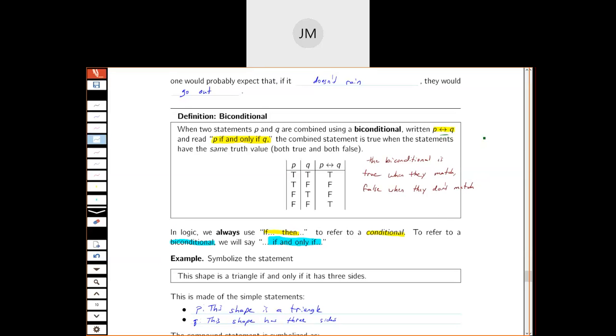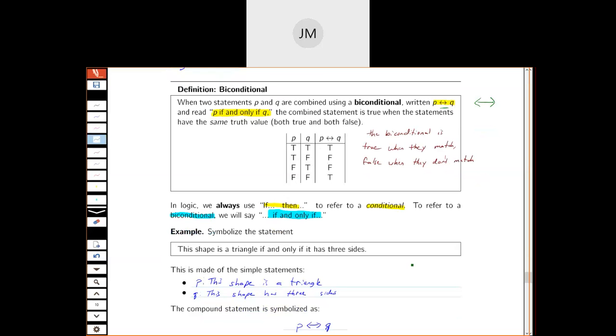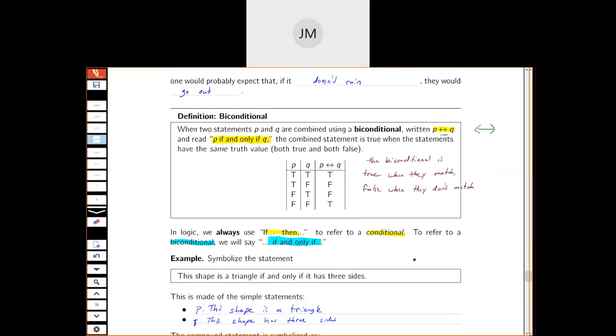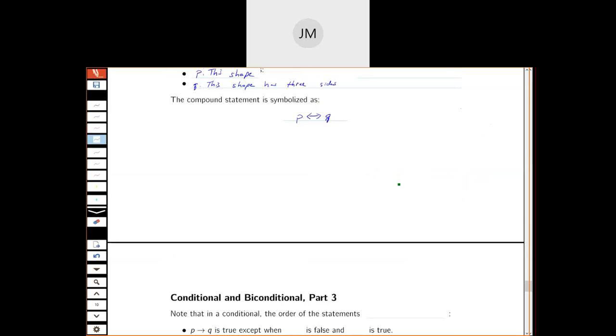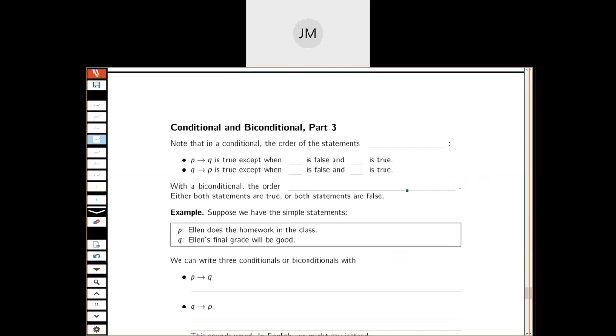For the conditional, it's just the single arrow, pointing from the antecedent to the consequent. With the biconditional, we don't need to refer to things like antecedent and consequent, because the order doesn't matter. In the conditional statement, we have to be a little bit more careful. The order of the statements matters.